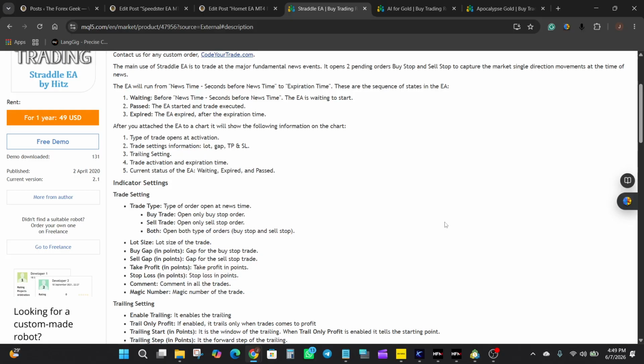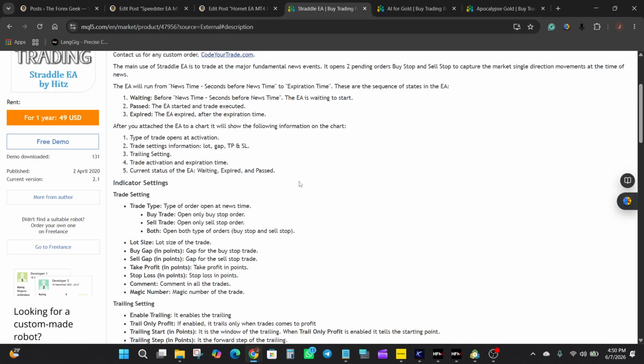Another important part of the configuration is the trailing system. The EA allows trailing to be enabled with options to control when it starts and how it steps forward. There is also a trail only in profit option, which means trailing only activates once the trade is already in positive territory, helping lock in gains during volatile movements.